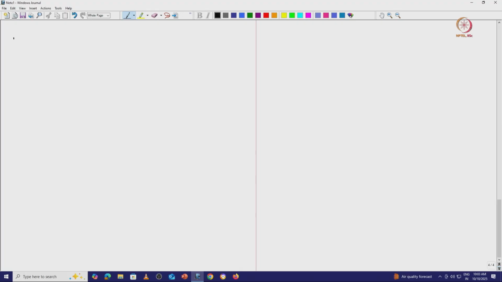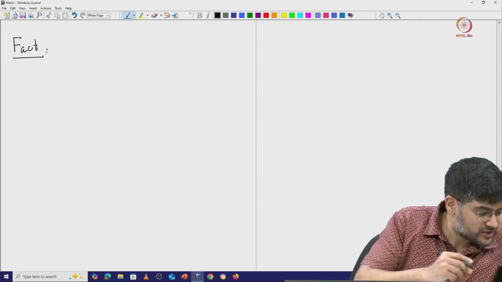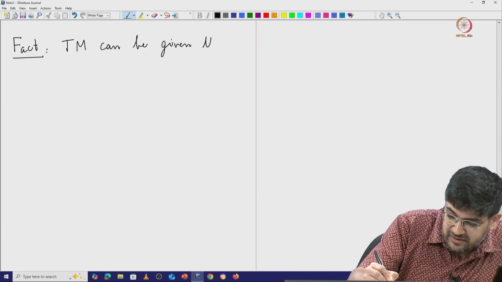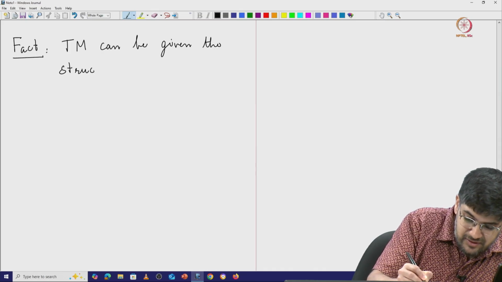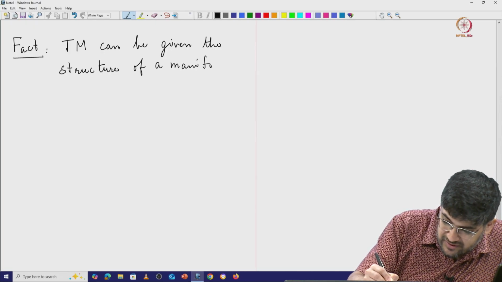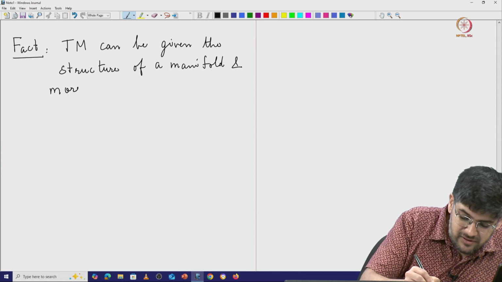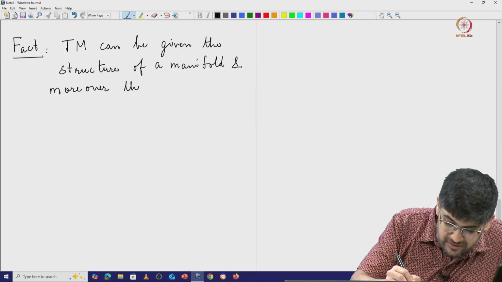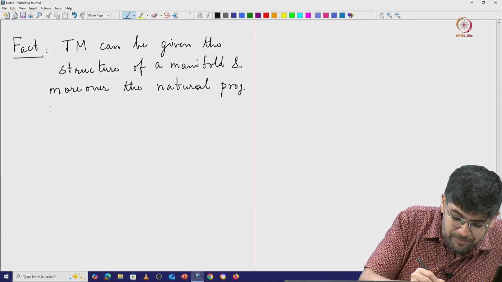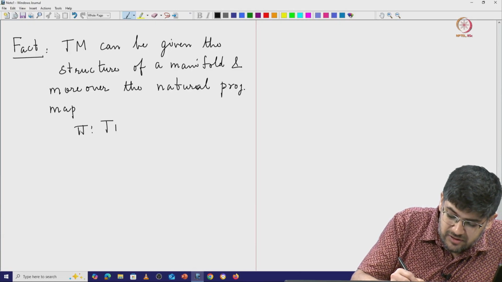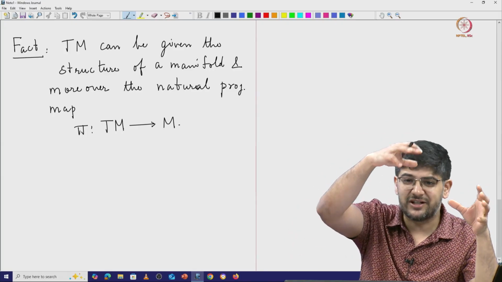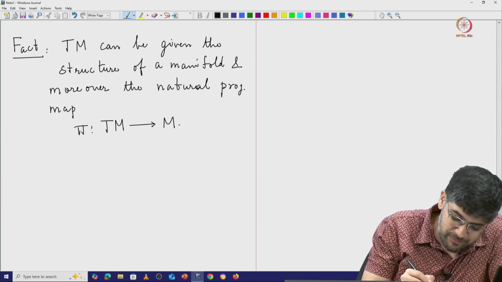Again, this is something you must have seen in a smooth manifolds course, that TM can be given the structure of a manifold, and moreover there is a natural projection map where you project the tangent space at P down to the point P. So the natural projection map makes this into a vector bundle.